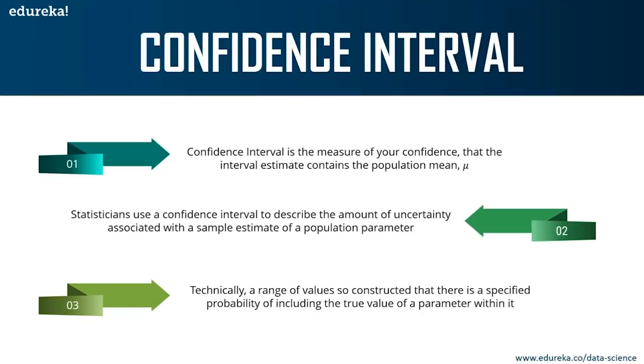Now, statisticians use a confidence interval to describe the amount of uncertainty associated with the sample estimate of a population parameter. Now, guys, this is a lot of definition. Let me make you understand confidence interval with a small example. Let's say that you perform a survey and you survey a group of cat owners to see how many cans of cat food they purchase in 1 year.